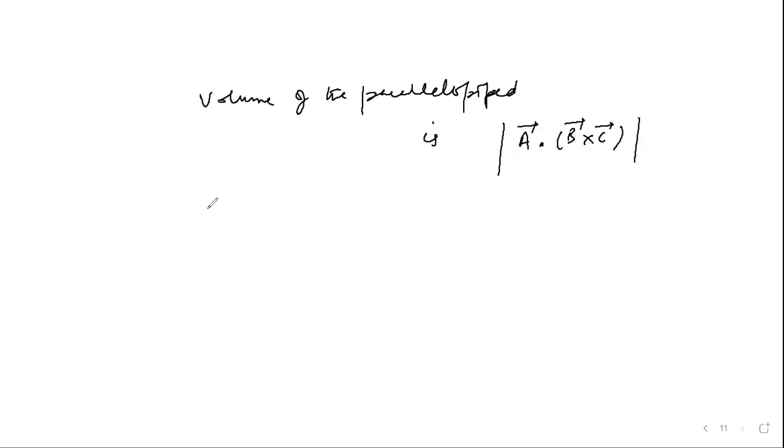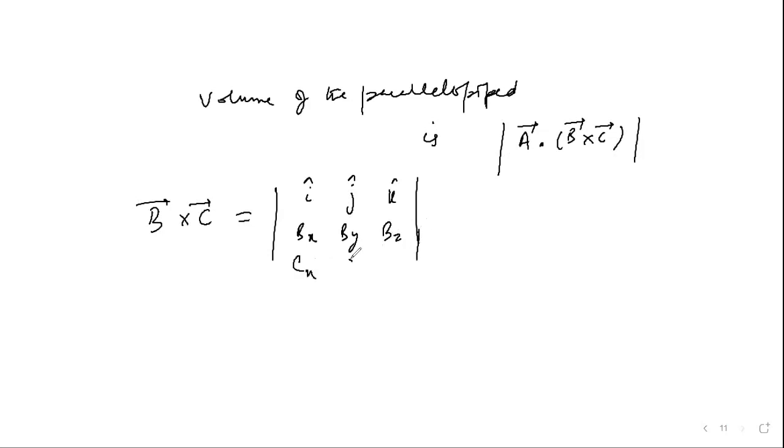Now I can write it this way also, since B cross C is this determinant: i, j, k, Bx, By, Bz, and Cx, Cy, Cz.